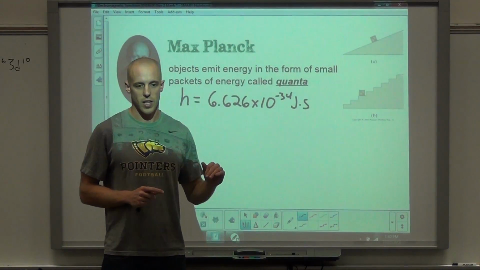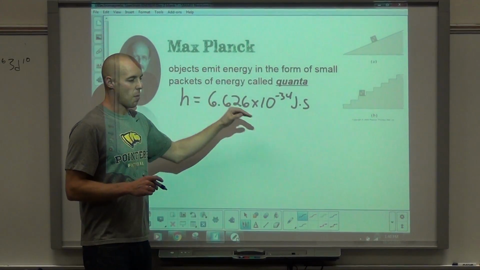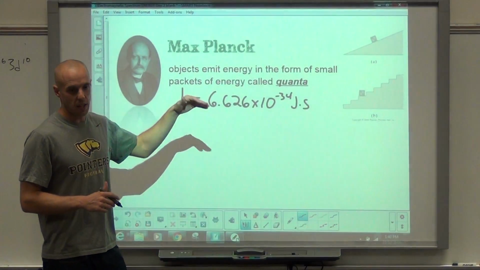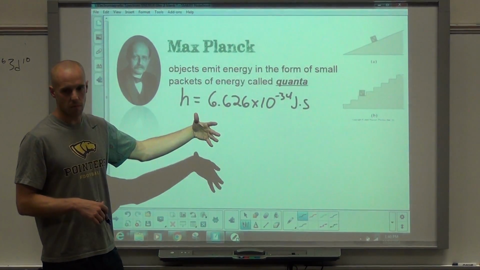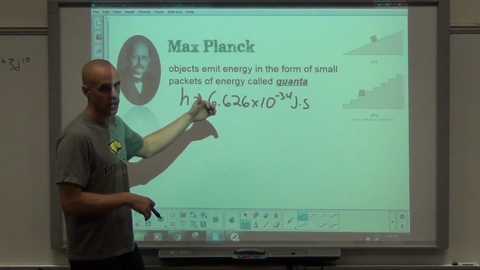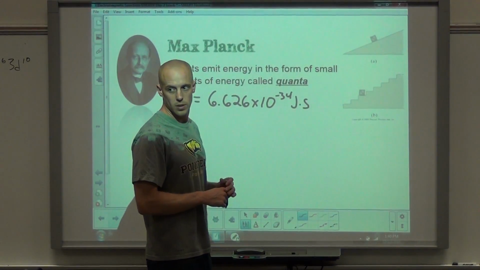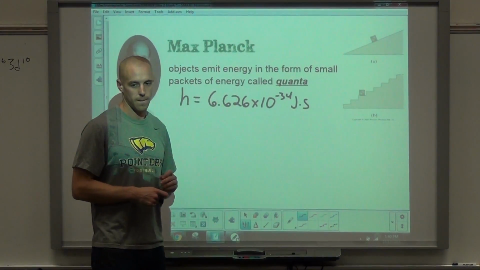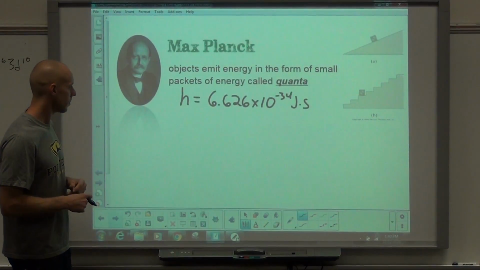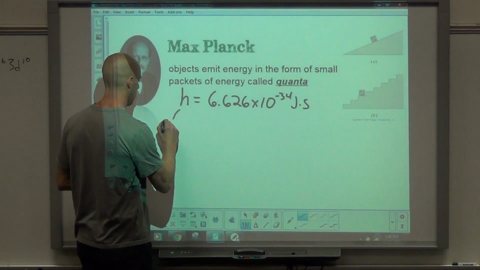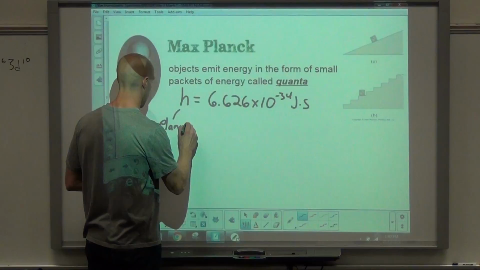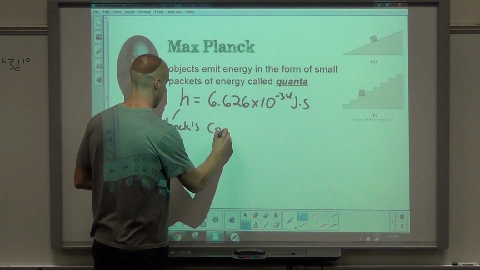The thing we need to understand is that this is the smallest amount of energy something can emit. Just like there's a smallest unit called an atom, there's also a smallest amount of energy that can be given off. Like I said, this is called Planck's constant.